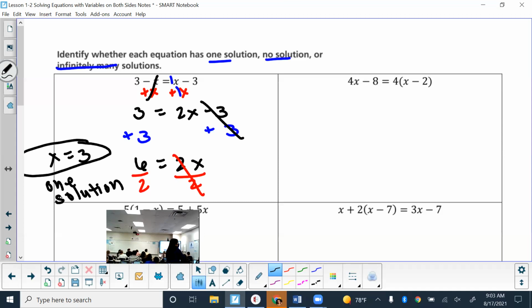All right, so let's see about what this next one will equal, and you'll start to see certain patterns. So for this one right next to it, what do we do first? So do that, do it on your paper. Then see if you get the same thing that I do. All right, if you distributed correctly, you should have had 4x minus 8, right?